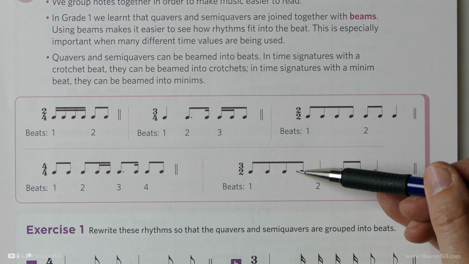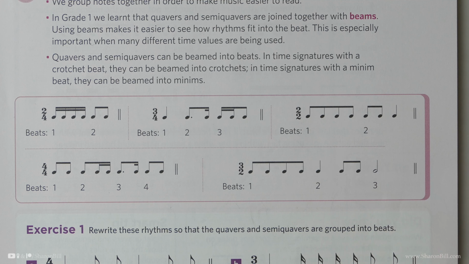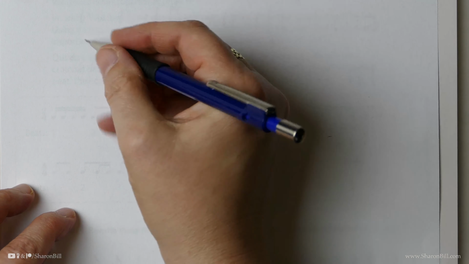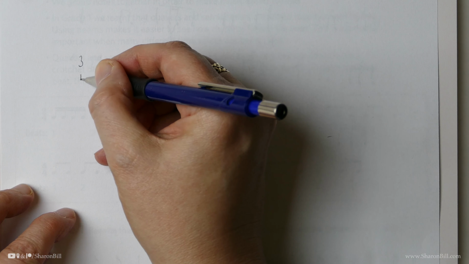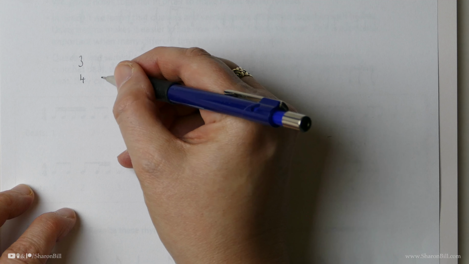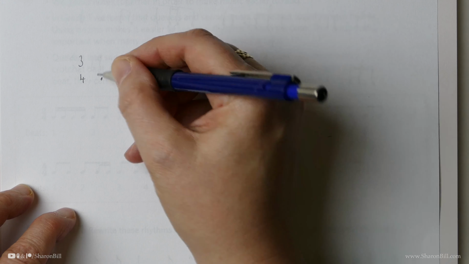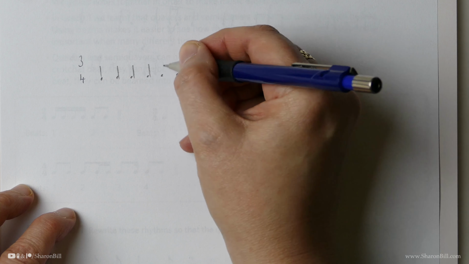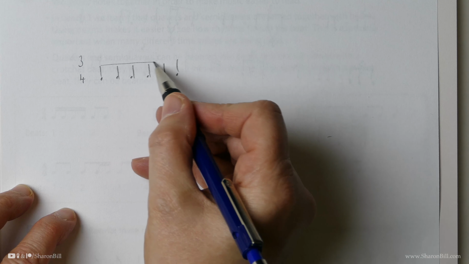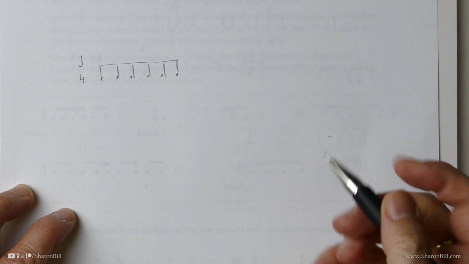And it's worth just remembering a few of the exercises from grade 1, for a little bit of revision. If we have a time signature of 3 crotchet beats per bar, and there are 6 quavers, 1, 2, 3, 4, 5, 6, we can have all of those together.